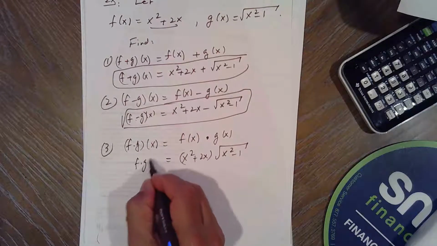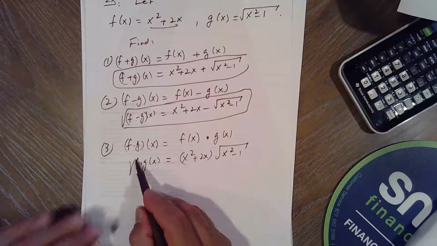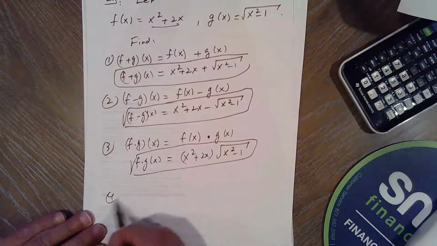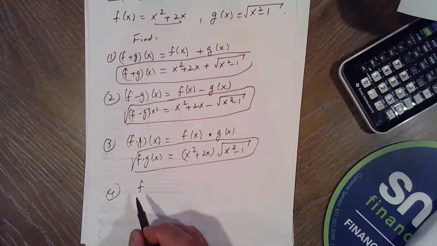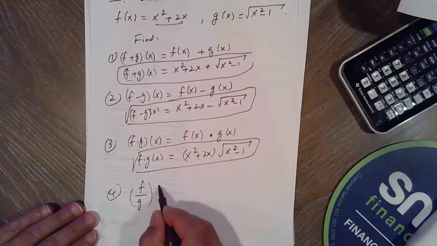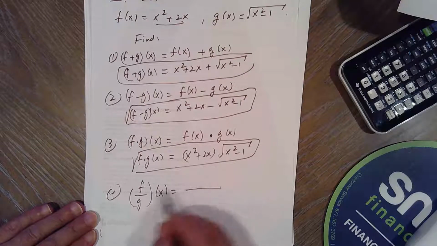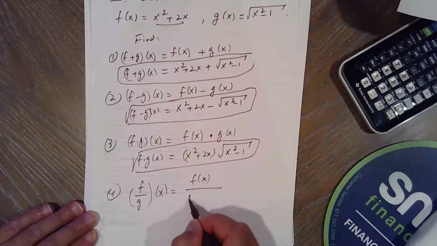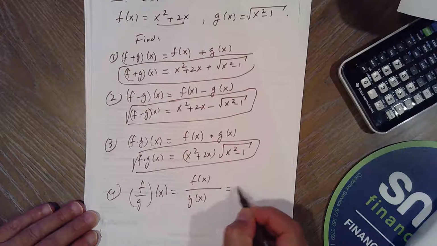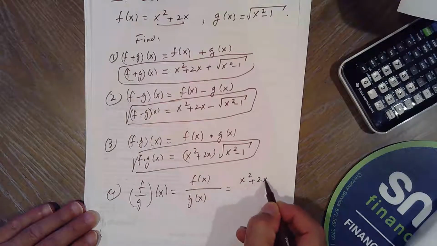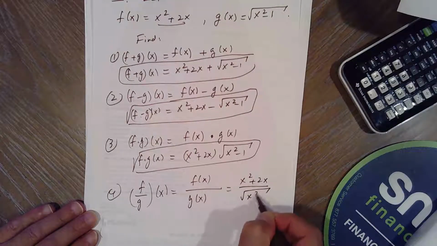So we got an equation for f times g. And finally, we want an equation for f over g, which by definition f is the numerator, so it stays there. So it's x squared plus 2x over square root of x squared minus 1.